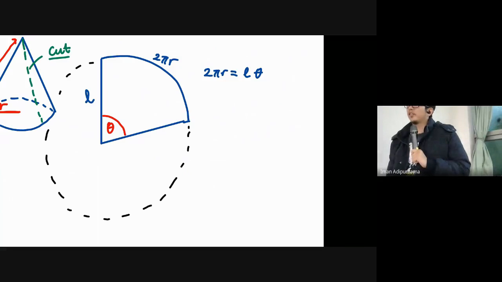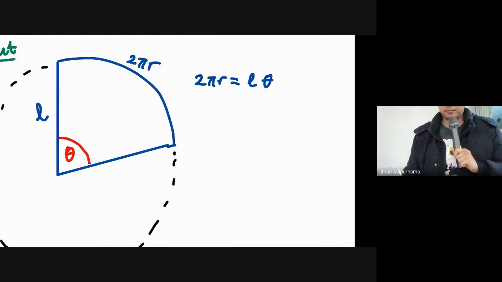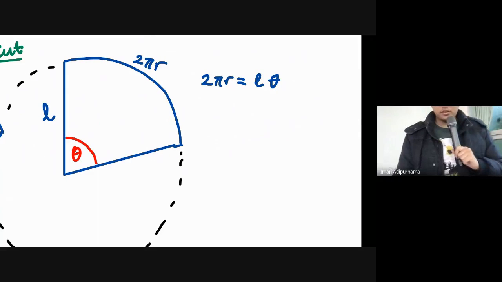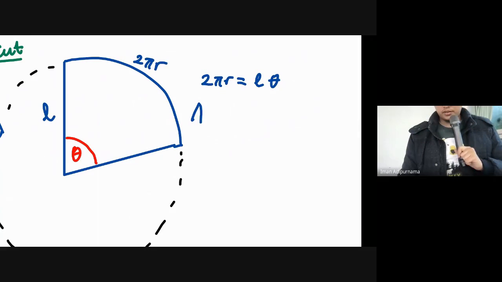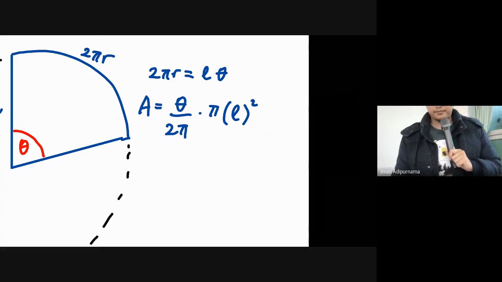So the area of this shape will be theta over 2 pi multiplied by pi L squared.